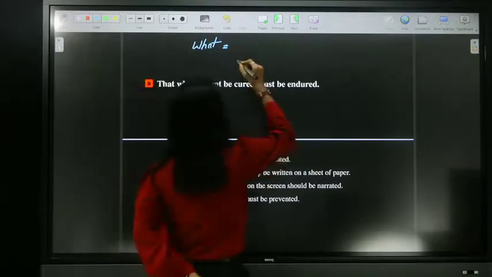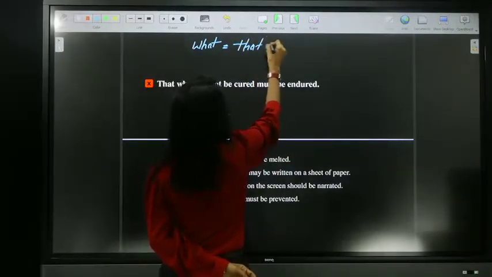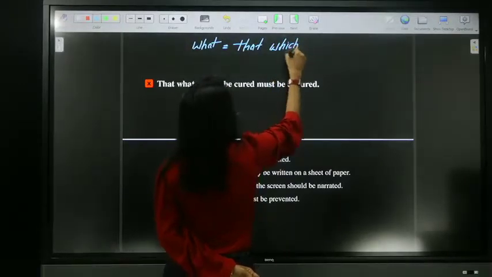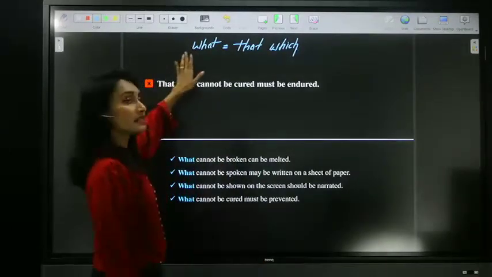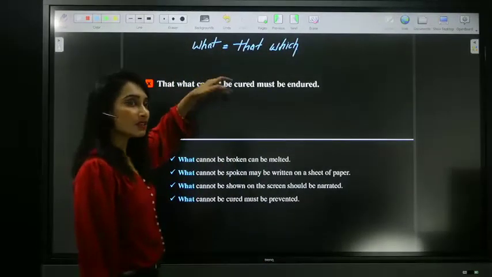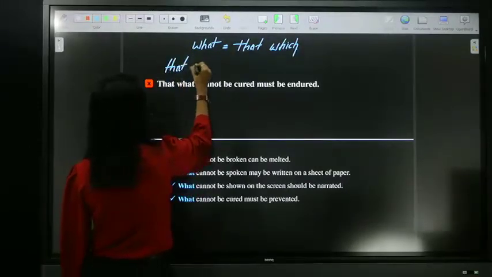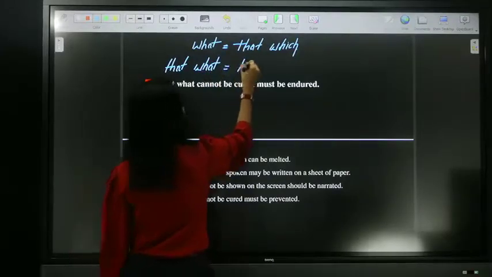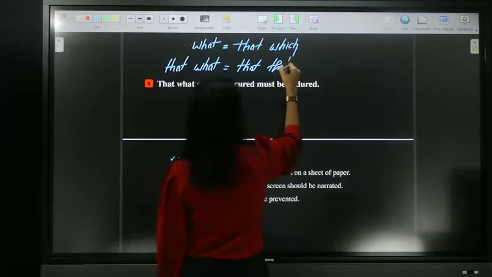Right. So, what means that which? What means that which? Now, if we say that what, the meaning is that, that which.